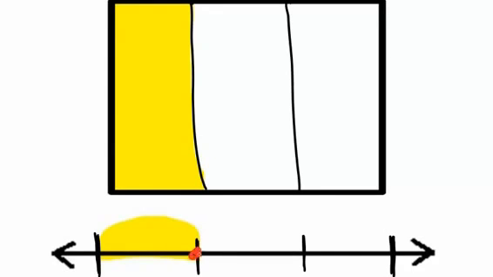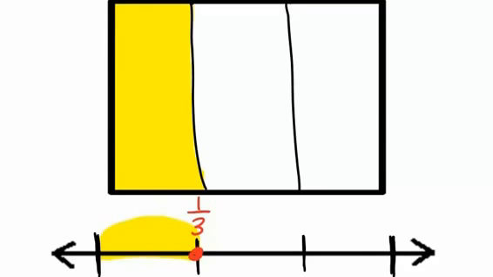The spot where I land right here is the spot for 1/3 on the number line. This space right here is one of 3 equal spaces between 0 and the whole number 1.